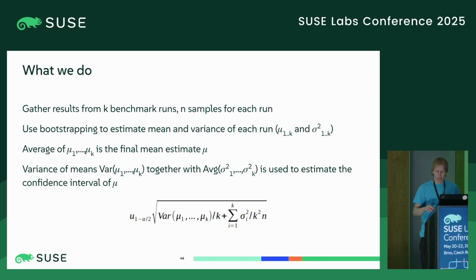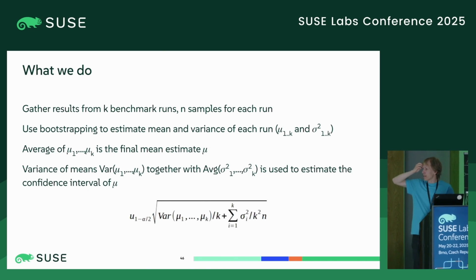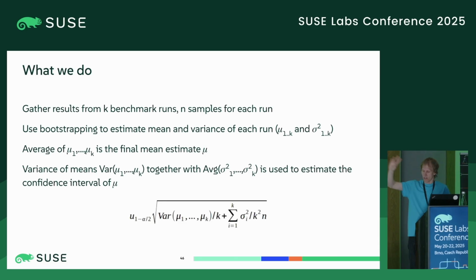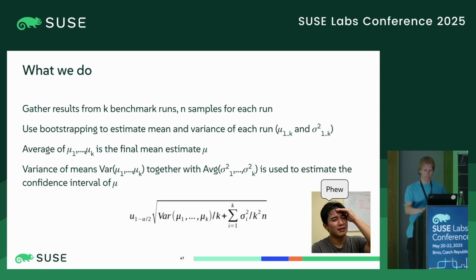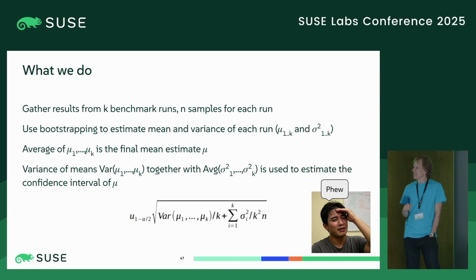So with this formula, we estimate the confidence interval of our computed value. And this method is robust in the presence of some dependence in the measured samples. So, this was the method.